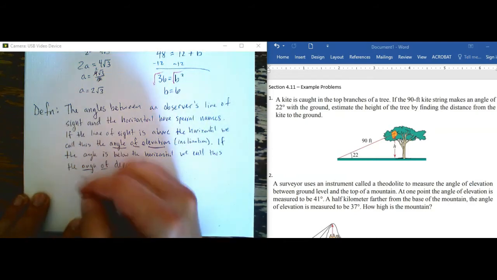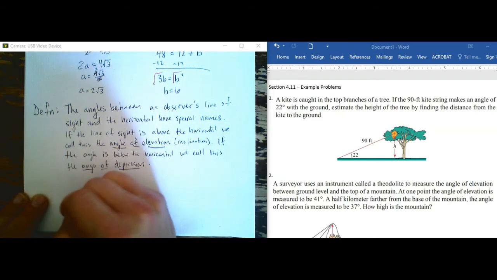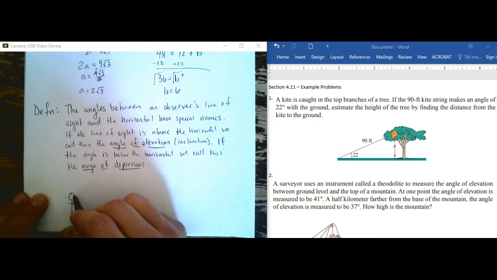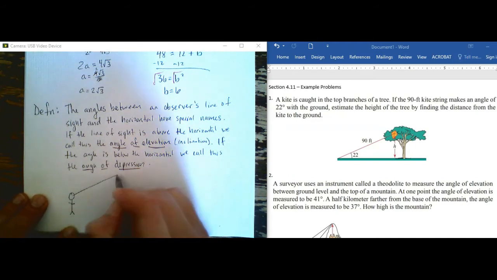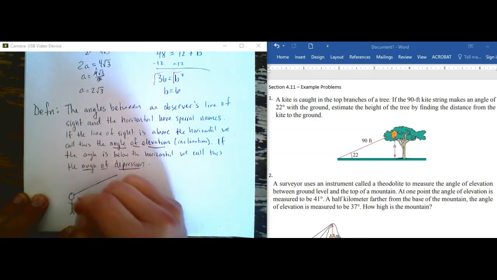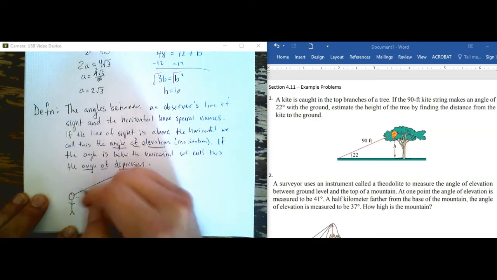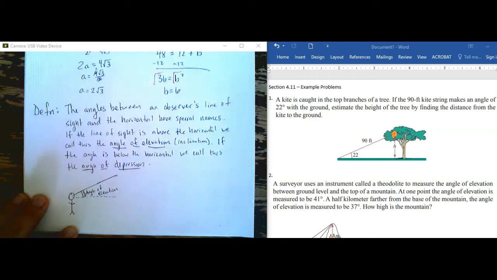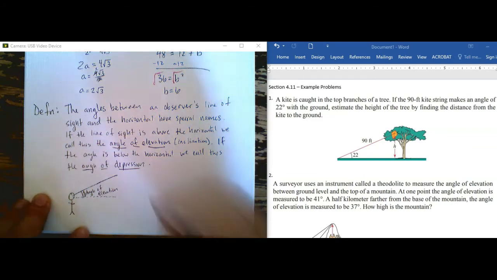So what do I mean? If we have some person here, let's say their line of sight is going upward like this, and here we have the horizontal. This angle here is called the angle of elevation.